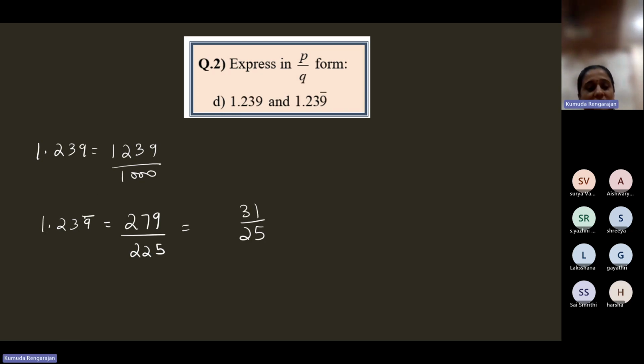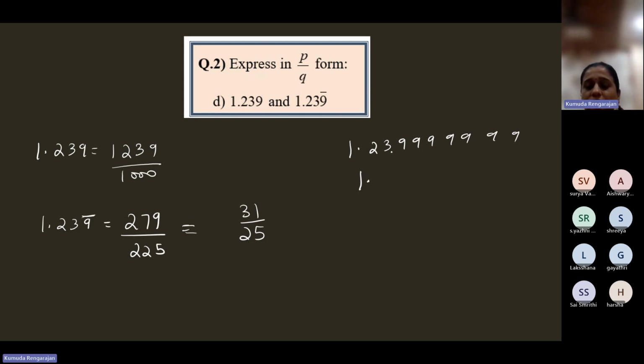So I have to tell you something else also about this. Yeah, the others, please check. So 1.239999999. Now for such decimals, the P by Q form will be equal to this value.